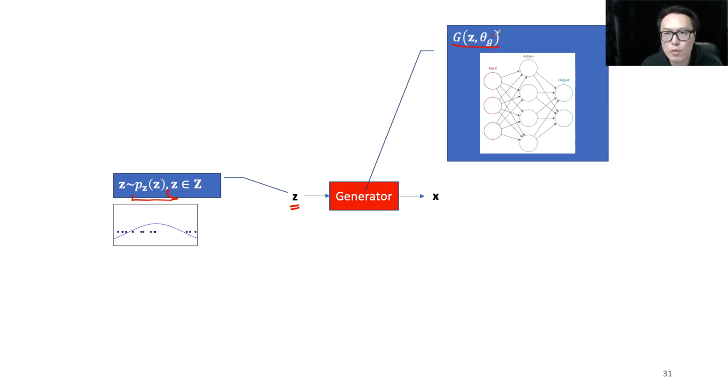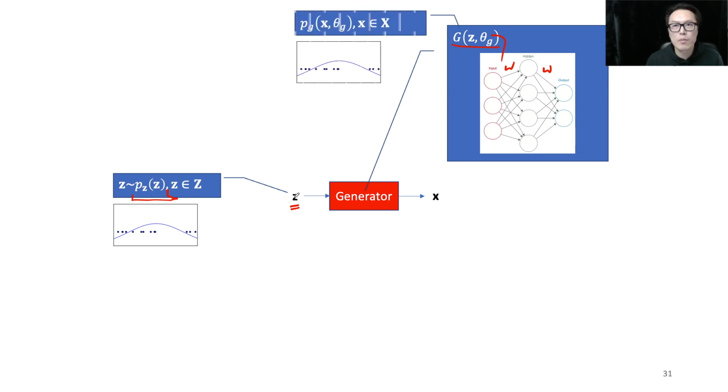Theta G would be the connection weights of the neural network if we use a neural network. Once we find theta G, we have the distribution model with Z as the input and X as the output, and the data distribution is defined by P_G(X, theta G).